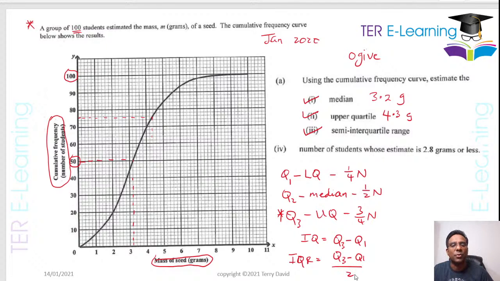You already worked out the upper quartile, we got 4.3. So we need to figure out the lower quartile. To do that, I need to read off at 25, because a quarter of 100 is 25. So you come across here, and what I'm getting is about 2.3 grams.